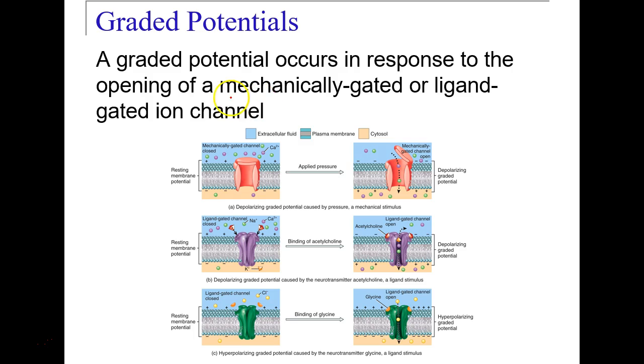So when this occurs, we have mechanically gated and ligand gated channels opening. You can see here we have calcium causing an opening of a channel. We have ligands attaching to a channel. We have other ligand gated channels. This will cause ions to move into the cell, but not quite enough to change the membrane to create an action potential.